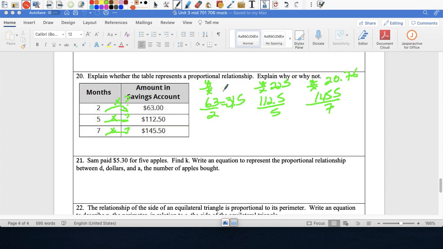So notice that our constant of proportionality is not the same. Here, x is times 31.5, here x is times 22.5, and here x is times 20.76. There's no way this is a proportional relationship because that line would not go through 0.